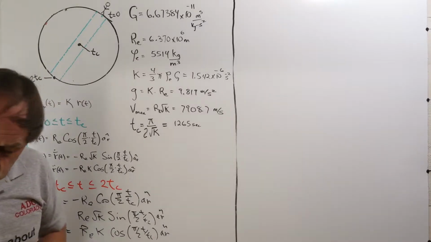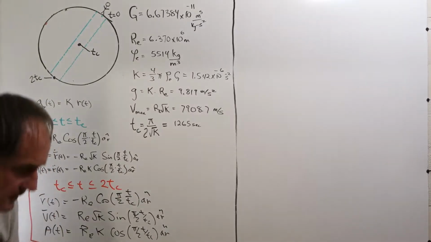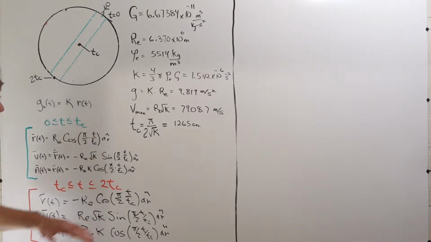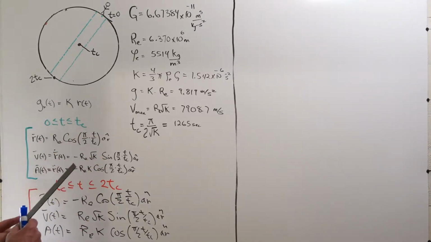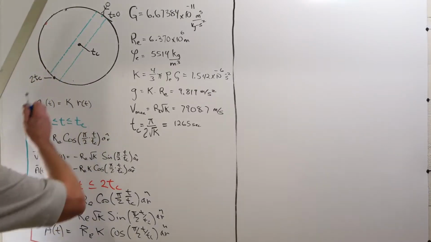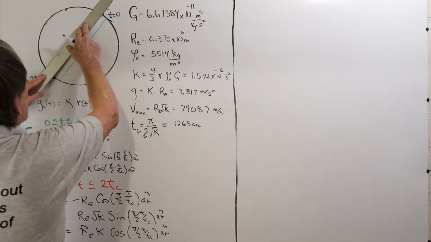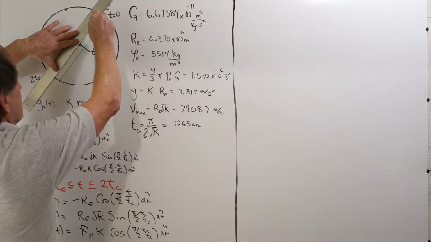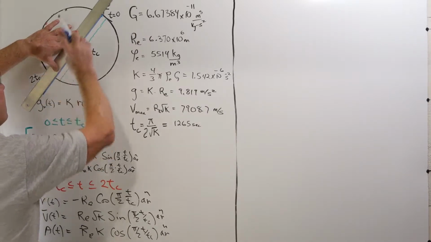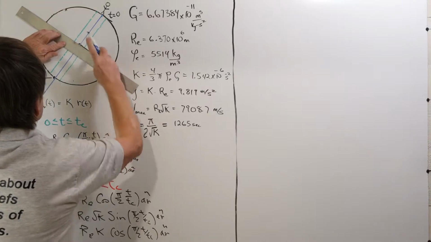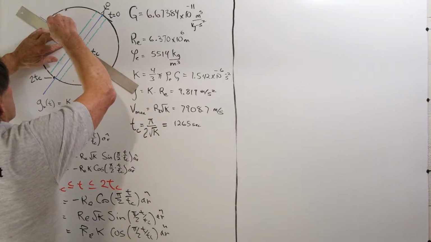Now, the way we can fix this is, instead of using polar type coordinates, we just draw a Cartesian axis through the center of the tunnel. So we're going to draw an x-axis like this, and we'd have a y-axis that we really don't need, but just to establish.